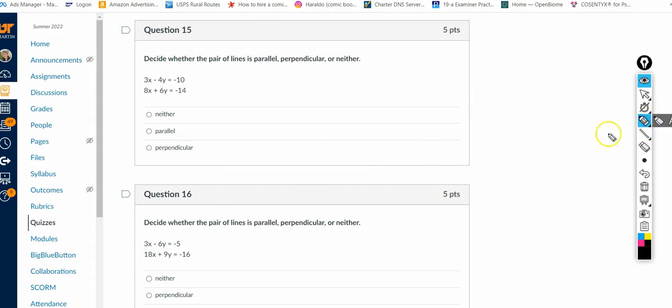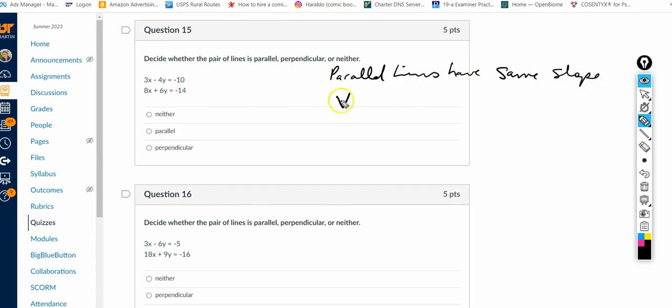Now, from the Lab 12, we have that parallel lines have the same slope. And we have the perpendicular lines have slopes that are vertical flips of each other, negative flips of each other.